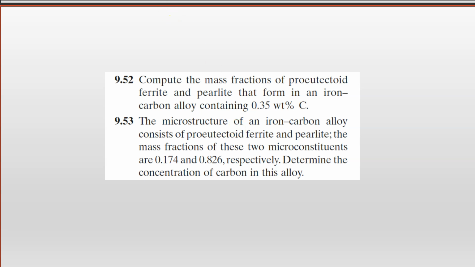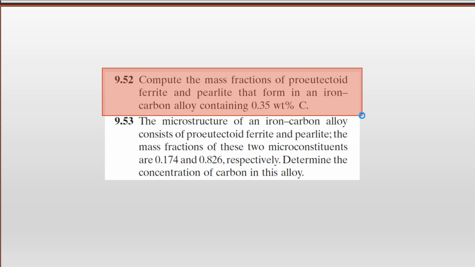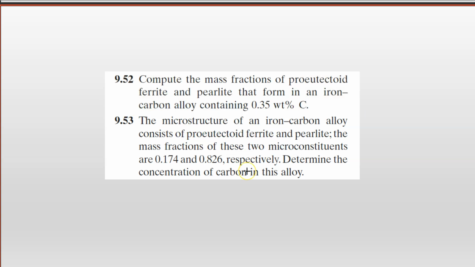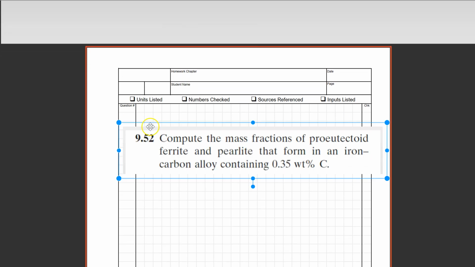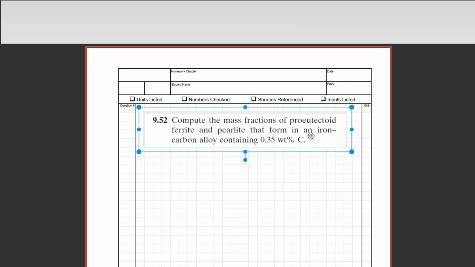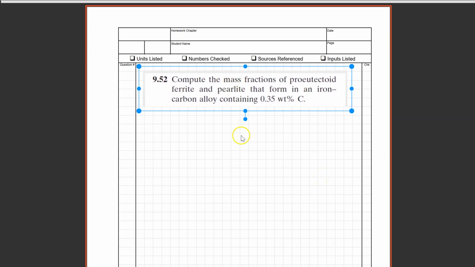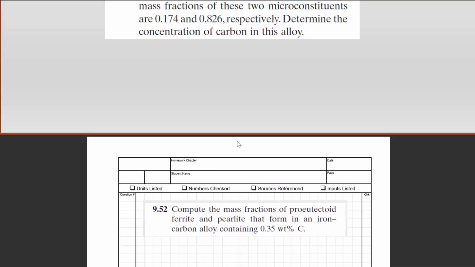Let's have a look at the first problem. Compute the mass fractions of pro-eutectoid ferrite and pearlite that form in an iron-carbon alloy containing 0.35 weight percent carbon.